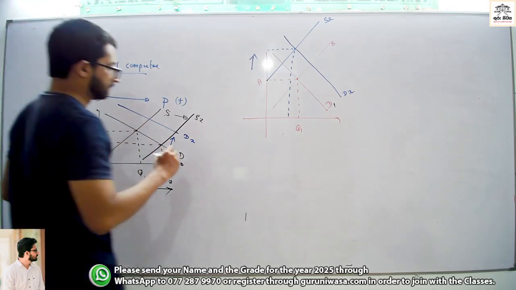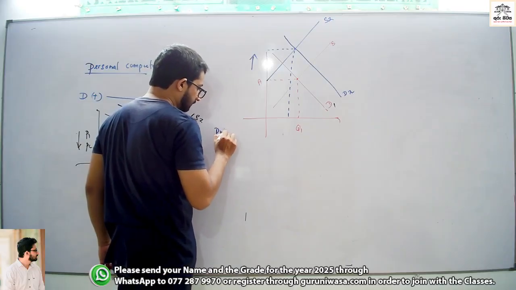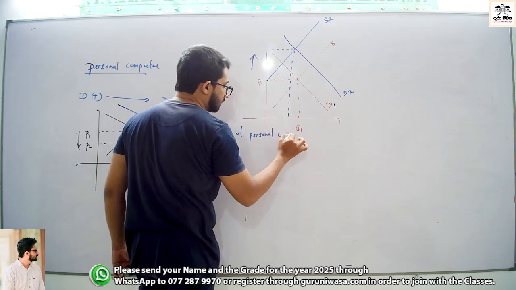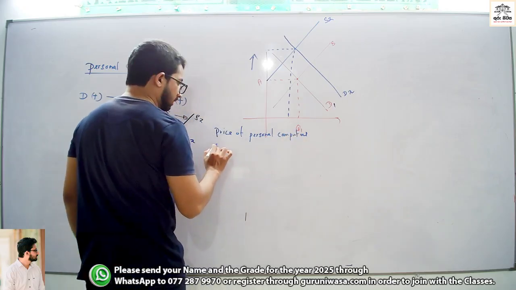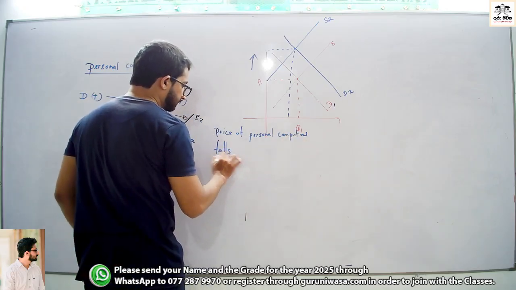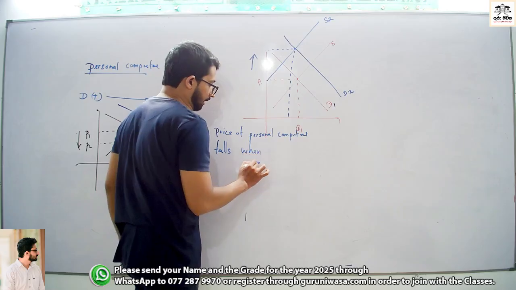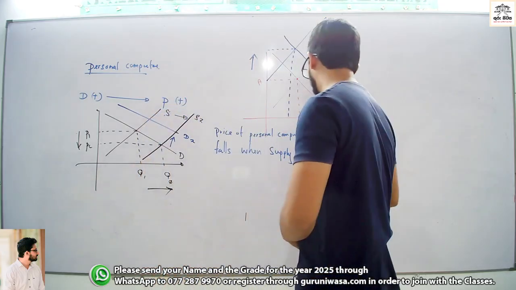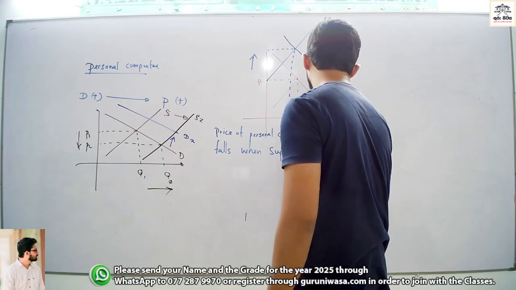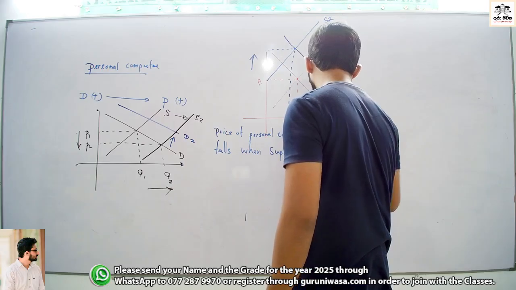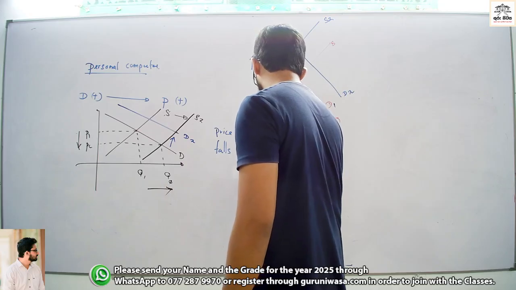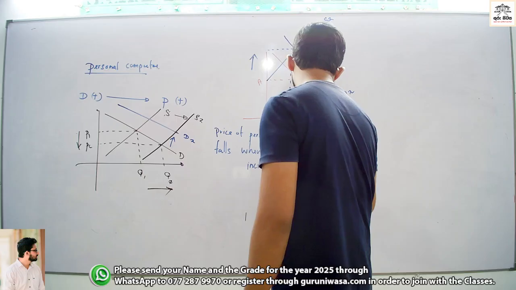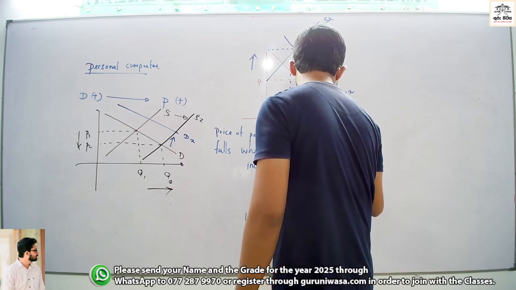Okay, Lamai, you can say the price of personal computers falls when market supply of computers increases faster than demand.